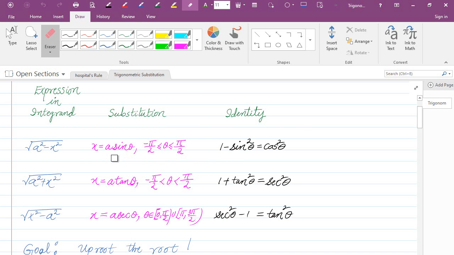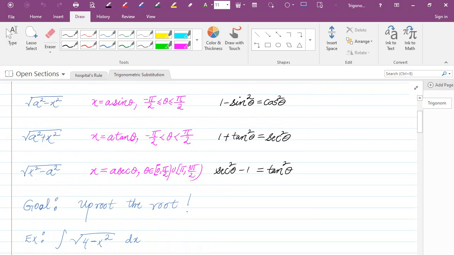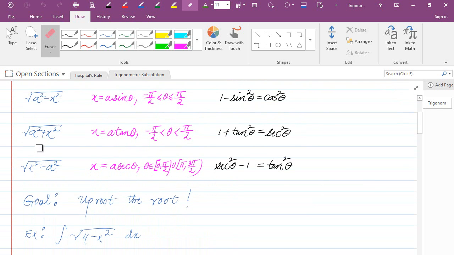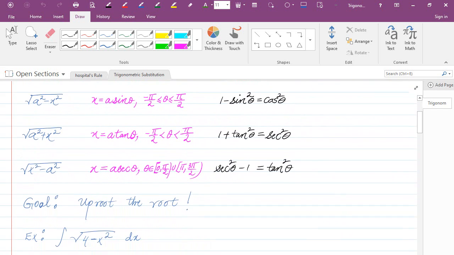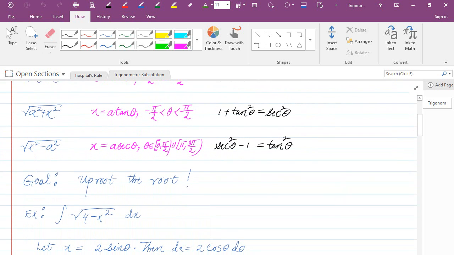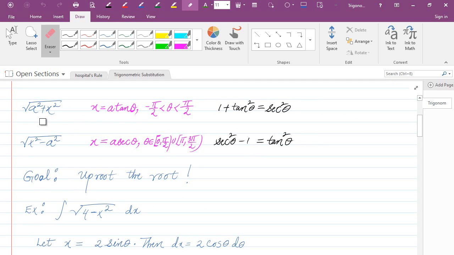When we make this substitution, one of the identities that we have to apply is 1 minus sine squared of theta is equal to cosine squared of theta. Now, if we have an expression like root of a squared plus x squared, then the substitution that we would make is x is equal to a tangent of theta.